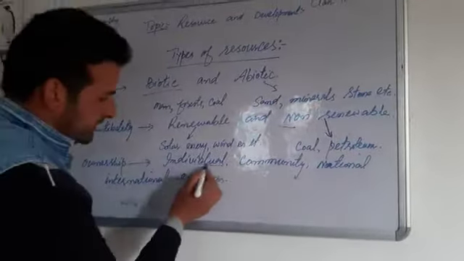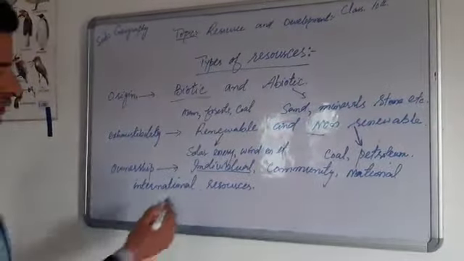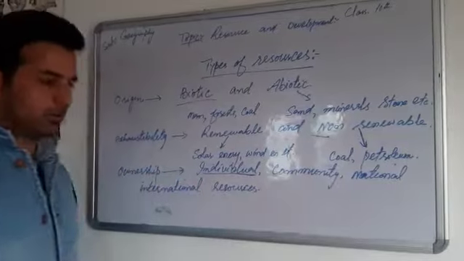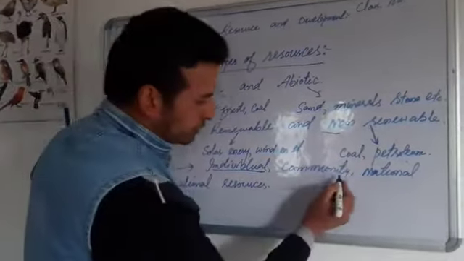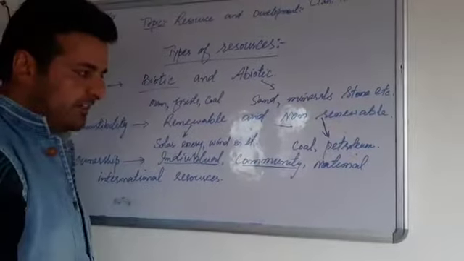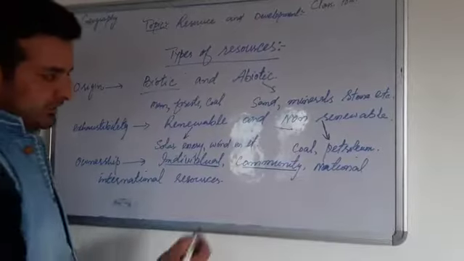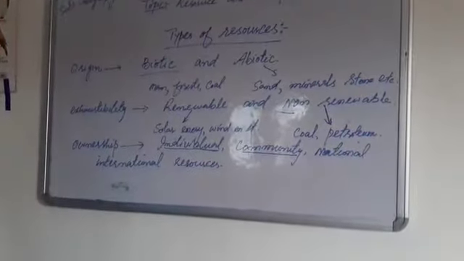Individual resource means our own private property. I have got a car, you have got a house; this is individual property. Then resources that belong to a community. For example, public parks, graveyards, temples; they belong to a particular community. They come under the category of community resources.